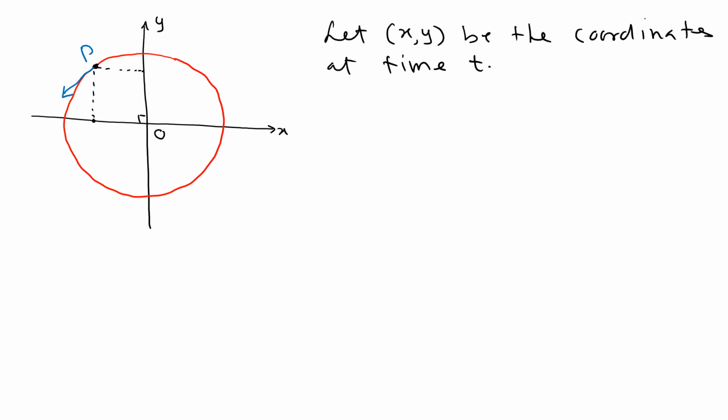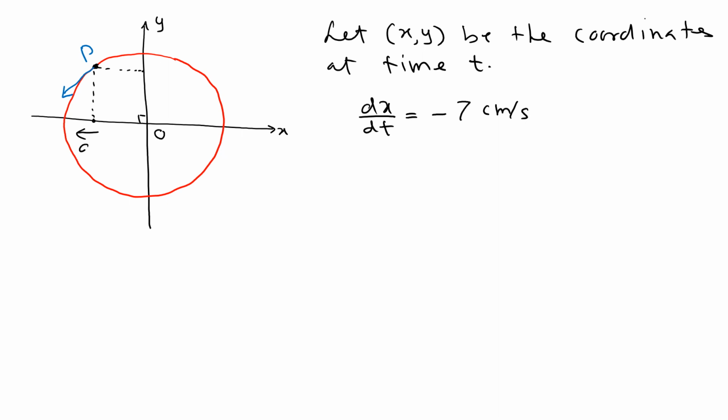It says that dx over dt equals negative 7 centimeters per second. Negative means it's going to the left side, because x is decreasing in that direction.